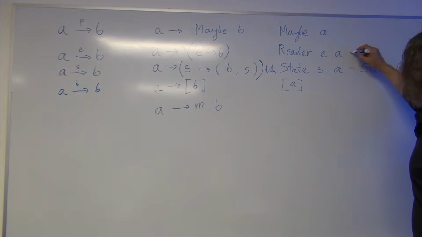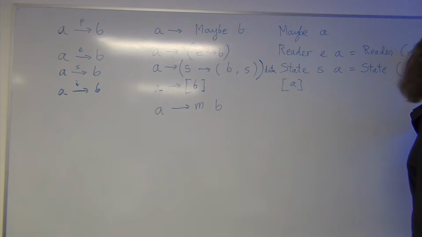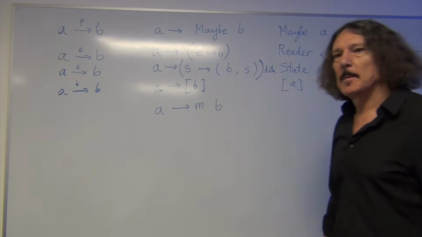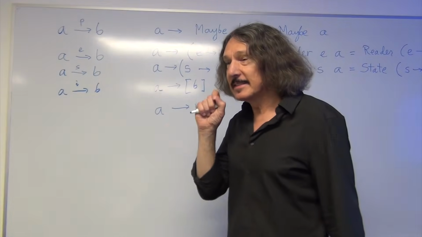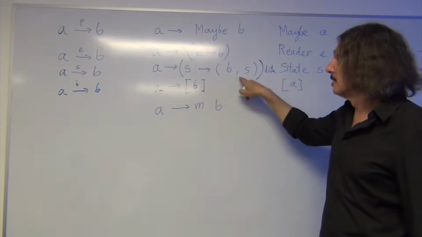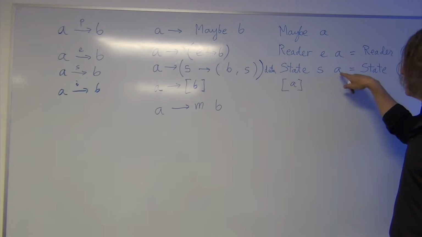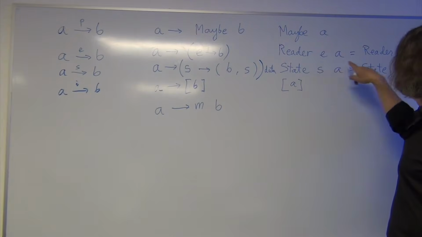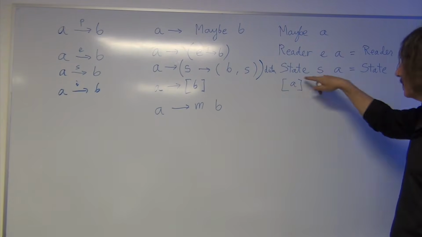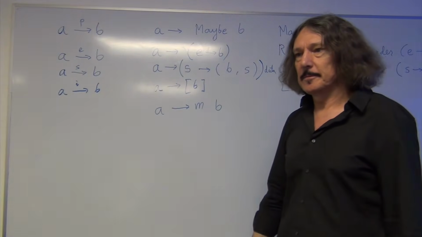Just like Reader was taking a function of e to a. Right? The data constructor actually encapsulates this function. So the type constructor takes s and a and produces a new type, and this type has this data constructor.